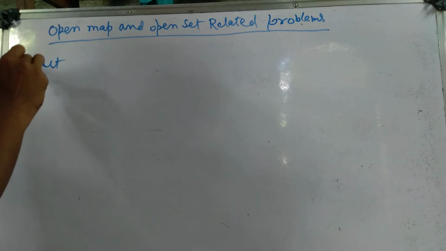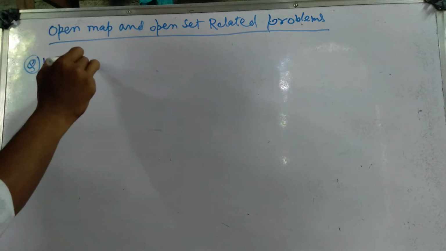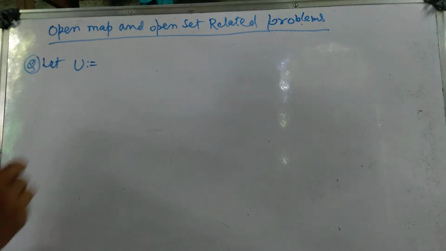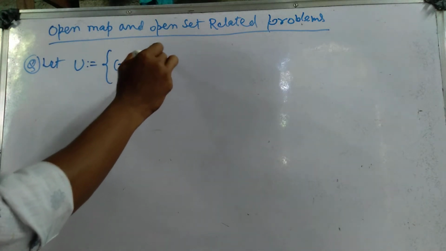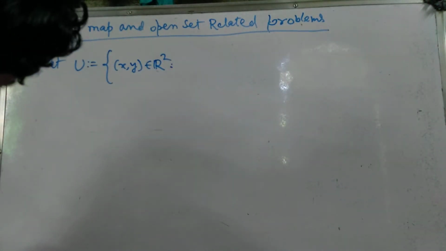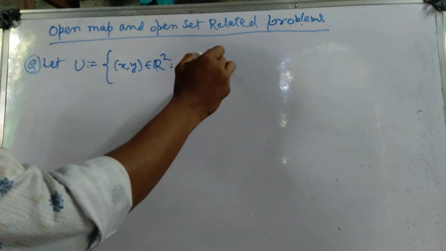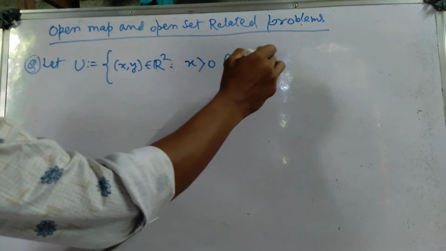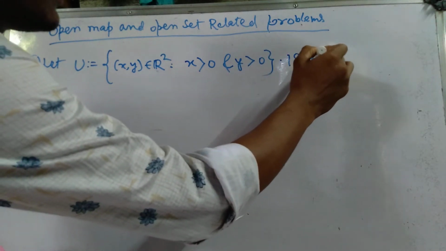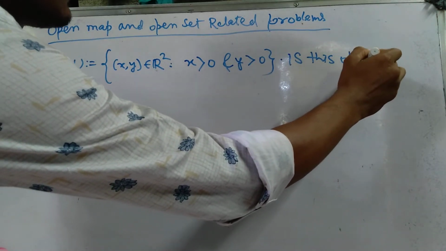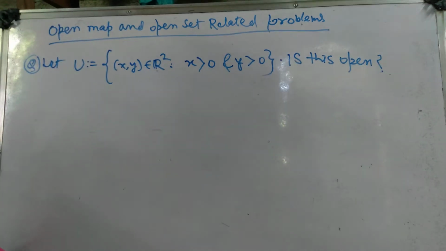Let U be the set of (x,y) belongs to R square such that x greater than 0 and y greater than 0. Is this open? This is the question. Now try to work it out.